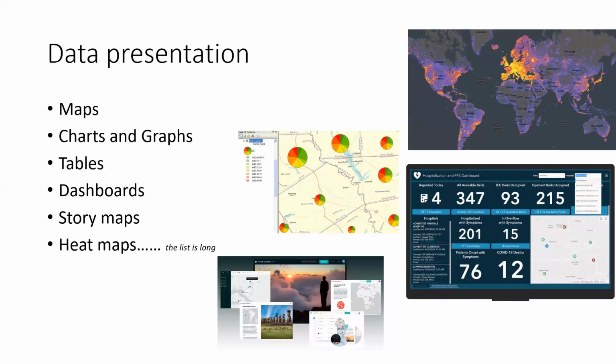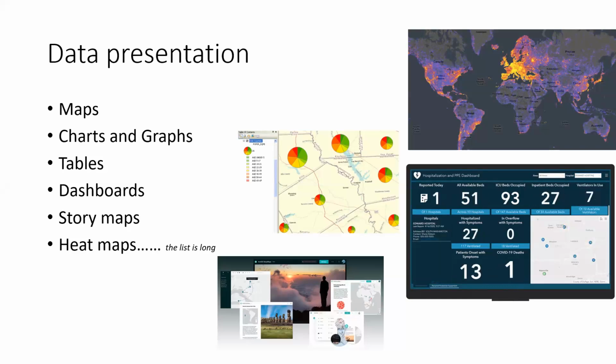Okay, so the next one is what you're calling story maps. So what are story maps? In most cases, people want to have narratives from the data which you collected from the field.